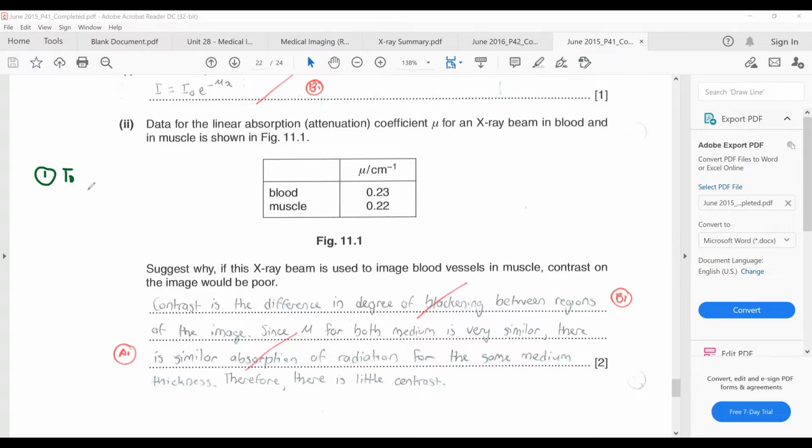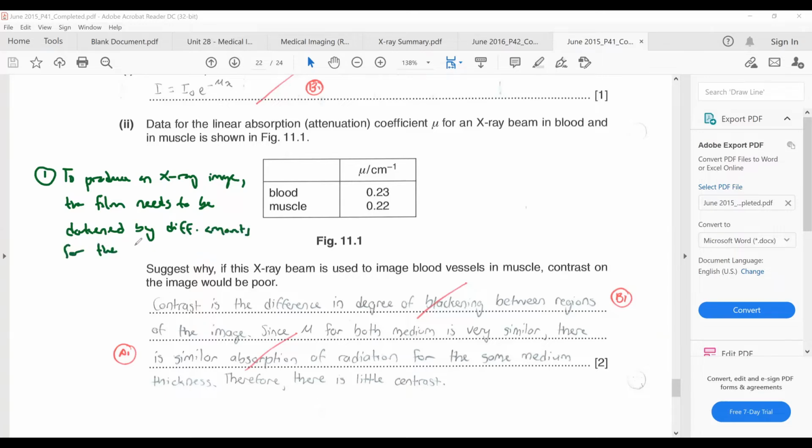To produce an X-ray image, the film needs to be darkened by different amounts for the different regions of the structure.